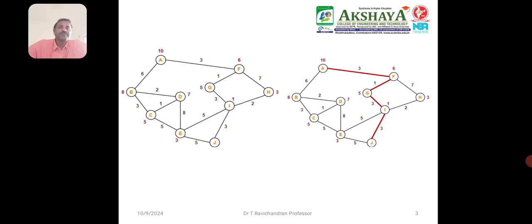In the same way, F to G has a cost of 1. So automatically the lowest value is chosen, F to G. G has only one path, so it is automatically selected, to I with a value of 3. I has three paths: I to H is 2, I to E is 3, and I to J is 3.